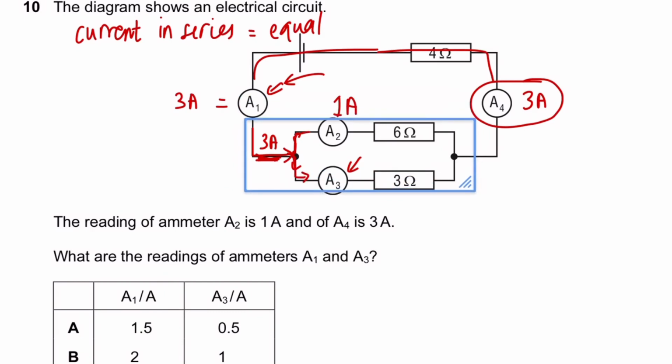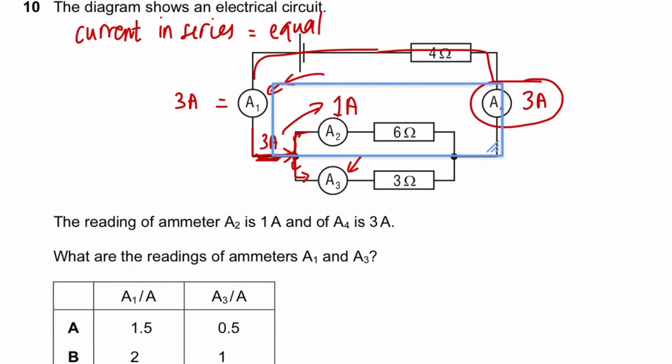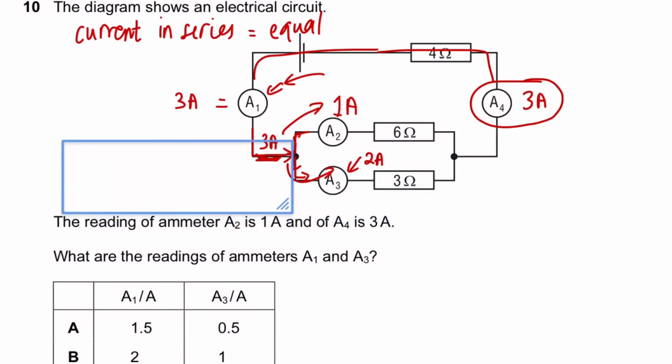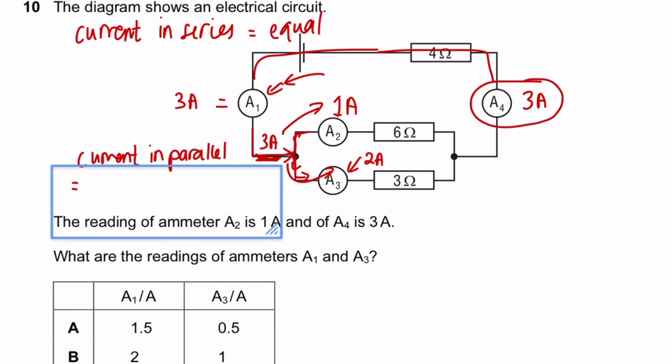One of the branches will get 1 amp, so the second branch will get 2 amps. Why? It's because current in a parallel circuit will be the sum or the total.